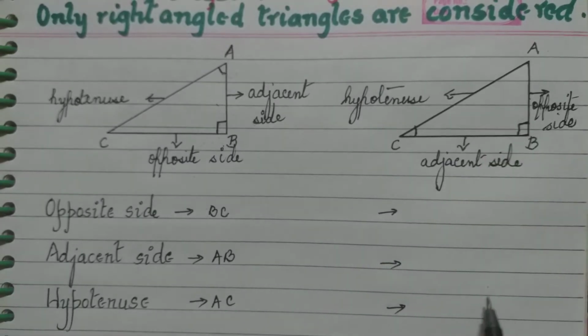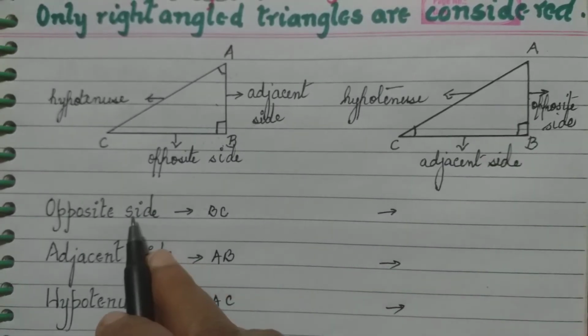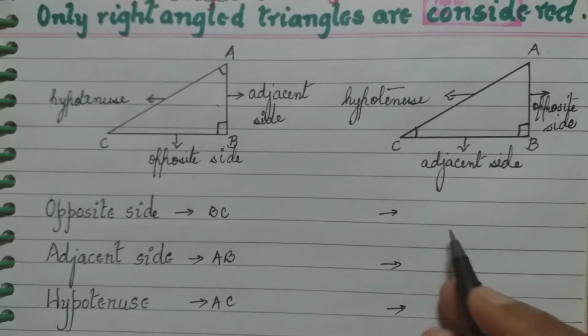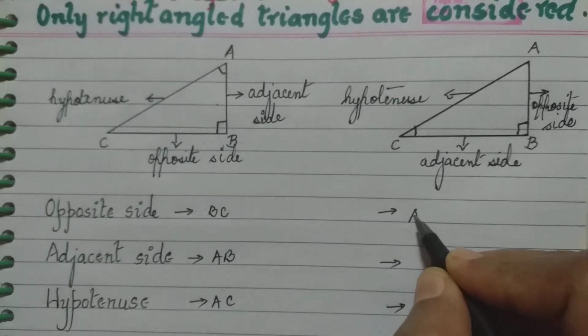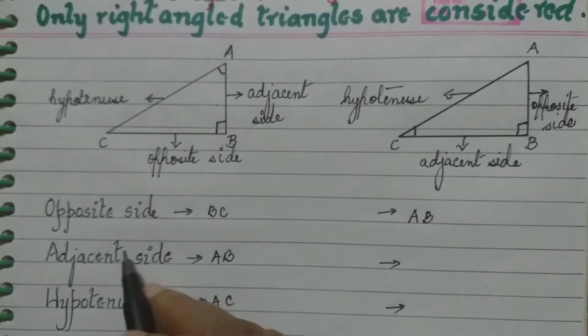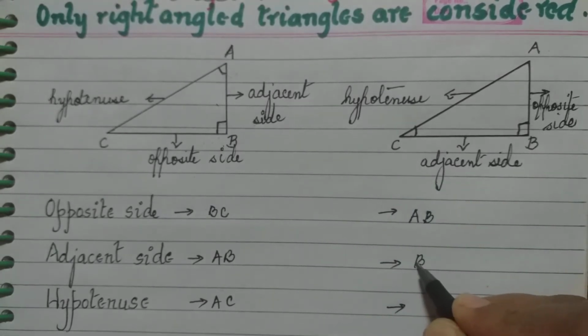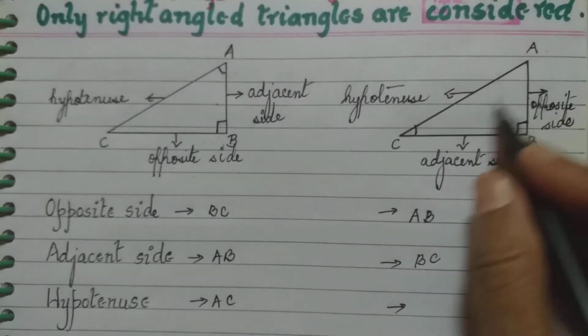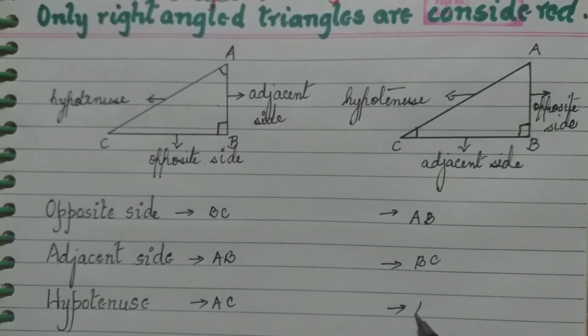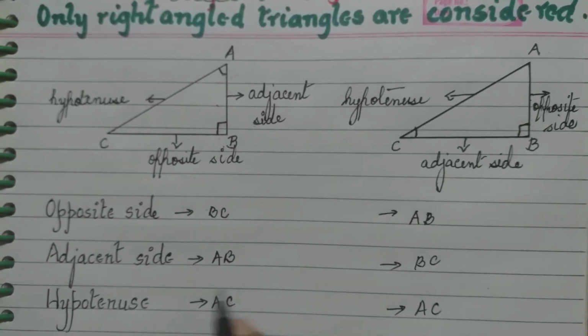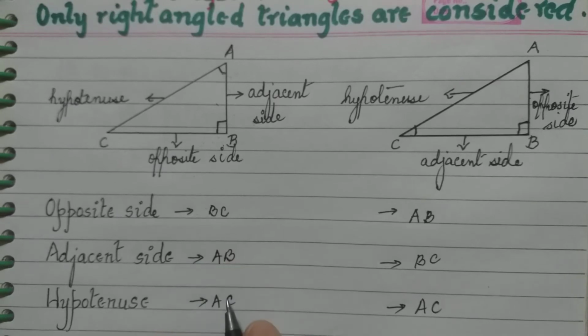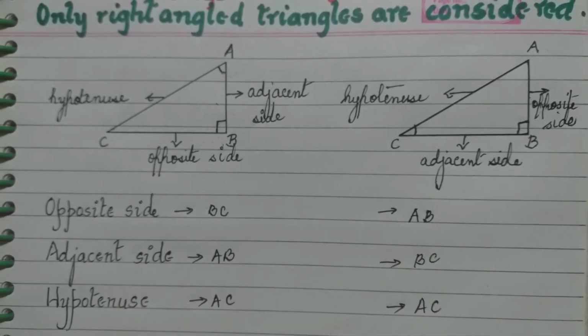Now in this second triangle, again, what is the opposite side? It is AB, so I write here. The adjacent side is BC, so I write here. The hypotenuse is AC, so I write this here.